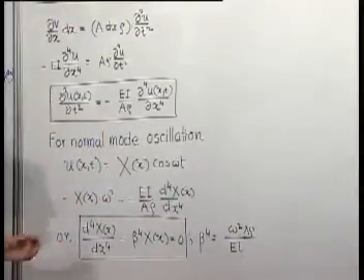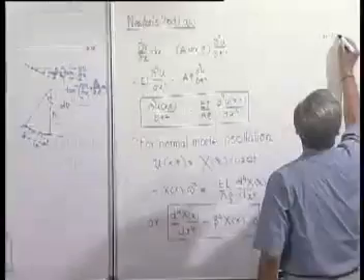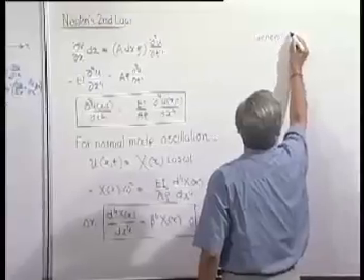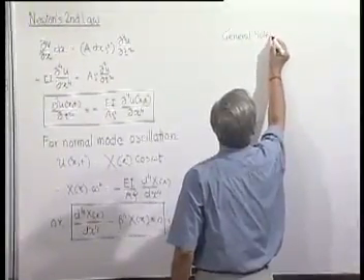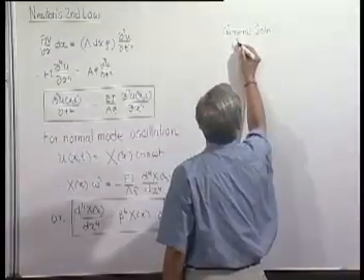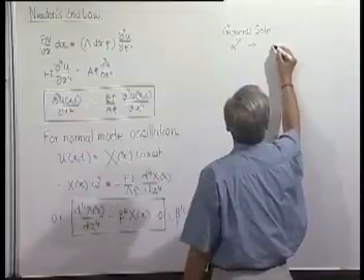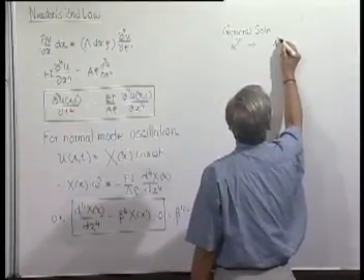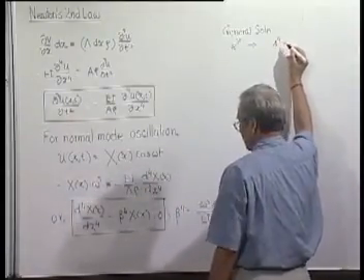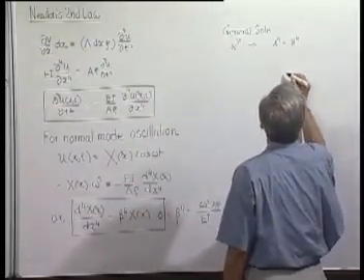And for the general solution, if we take an e to the power st form solution, then that gives us the characteristic equation as s to the power 4 is equal to beta to the power 4.